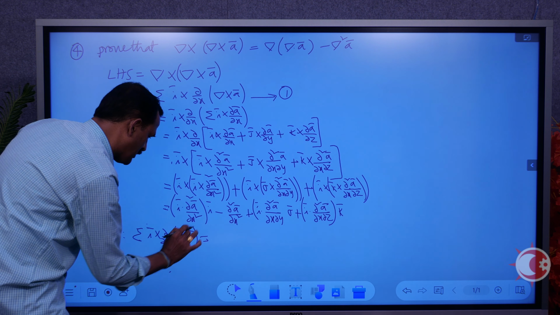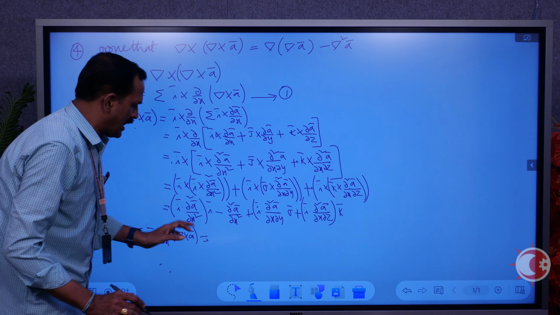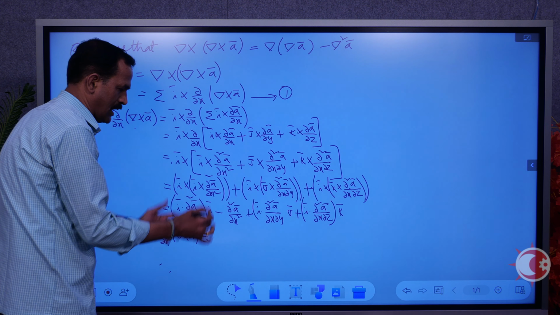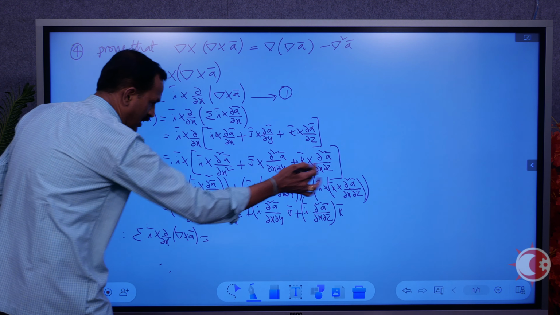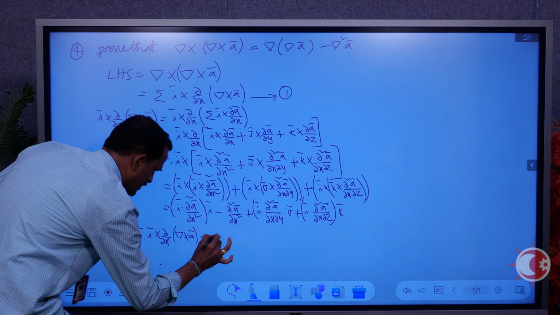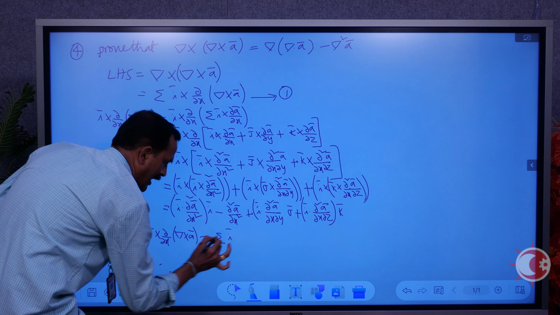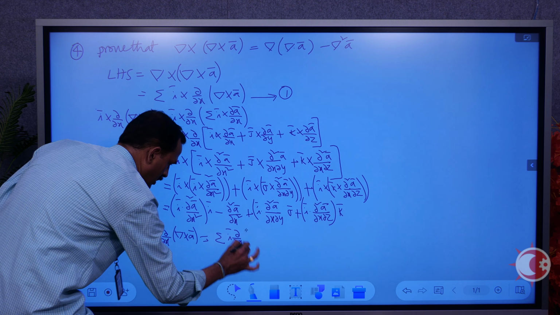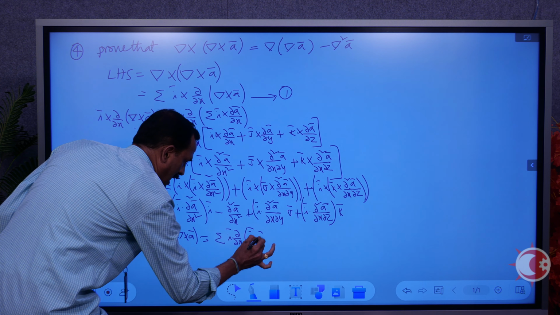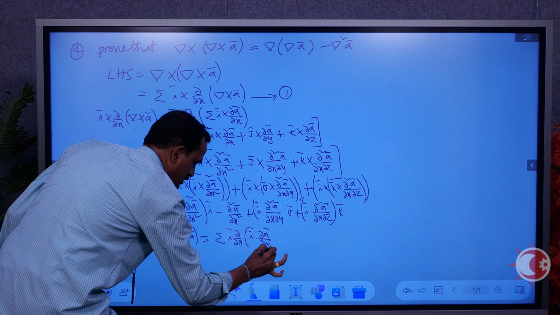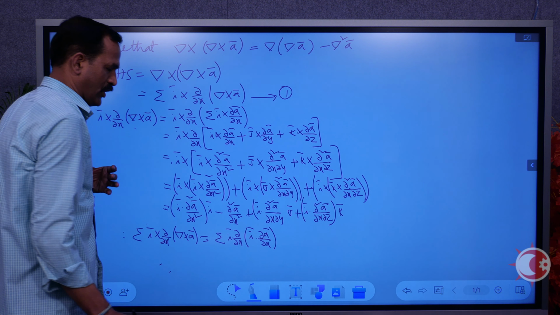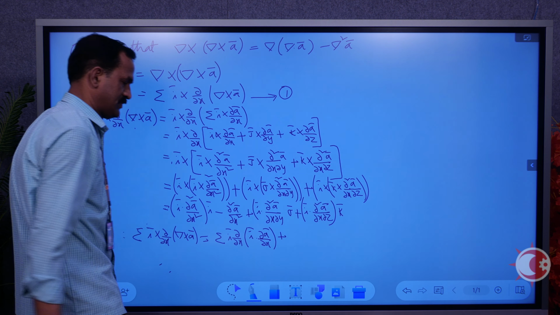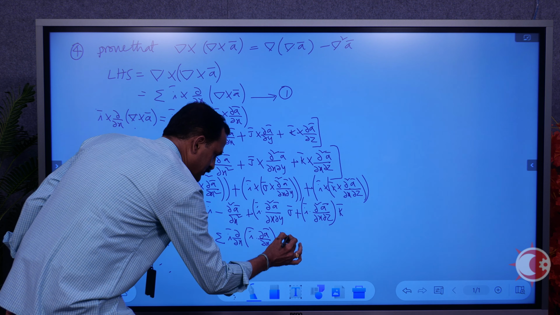Now see here. Applying sigma and writing the first term, third term and fourth term, all in a grouping, and the second term at last. Now coming to this, sigma i bar ∂/∂x, taken one ∂/∂x outside, remaining i bar dot ∂a bar/∂x. What about the second one? Plus, here j bar.